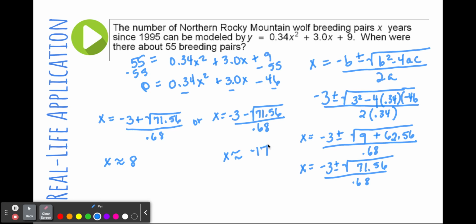Now, x is a measurement in years, and it has to be a positive value. So this negative 17 is really erroneous to us. So we really only need this value. So we're talking 8 years after 1995.